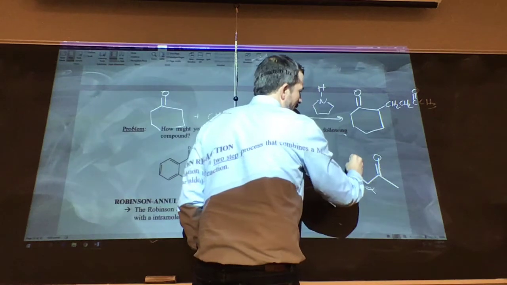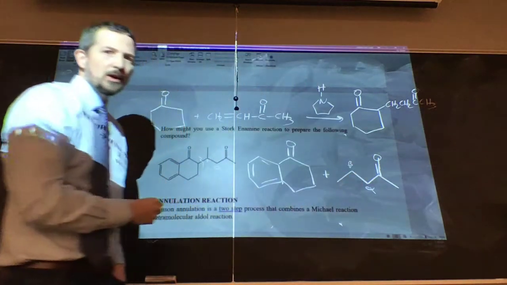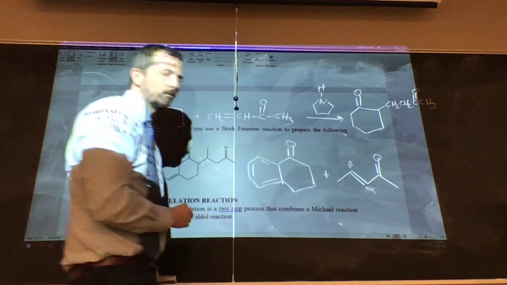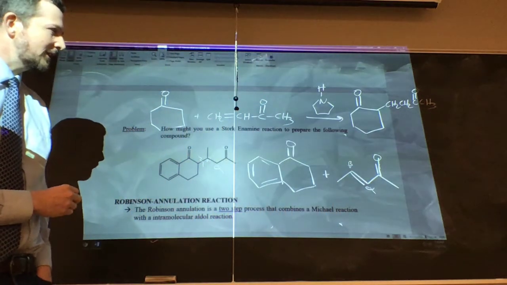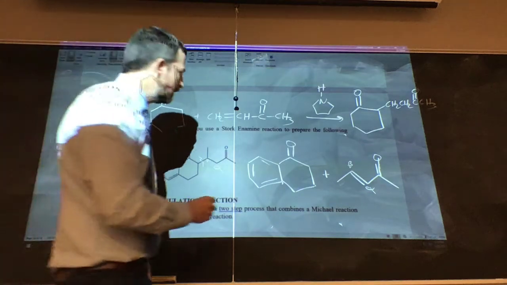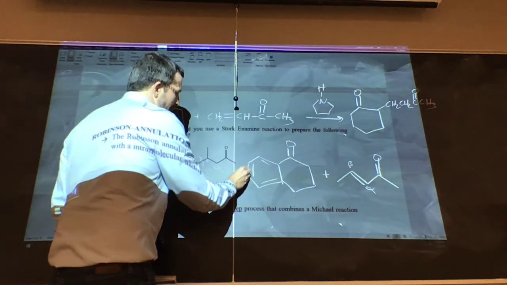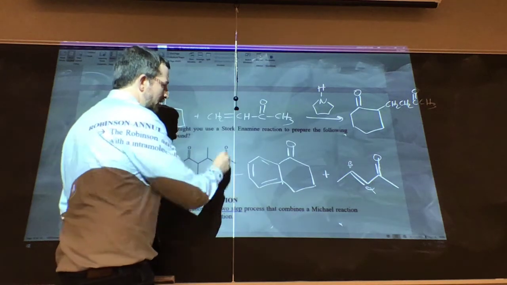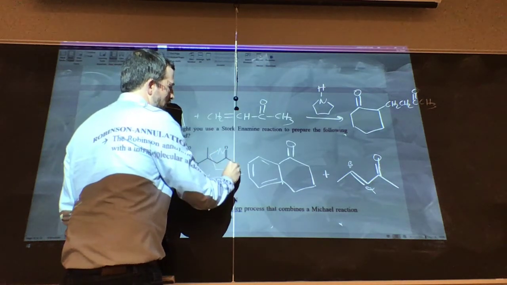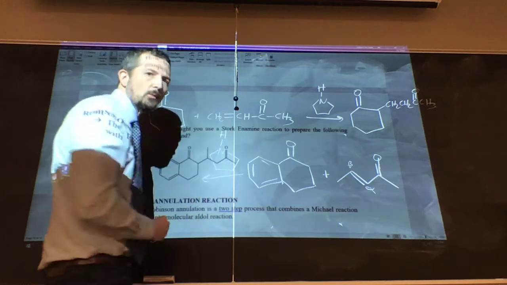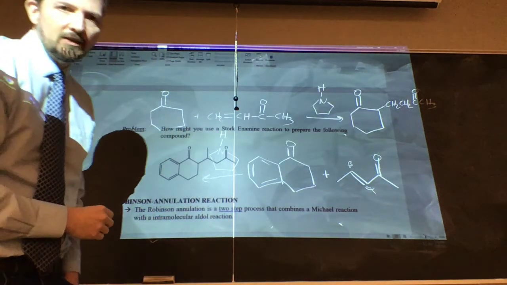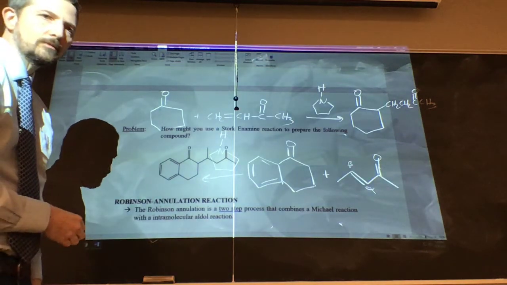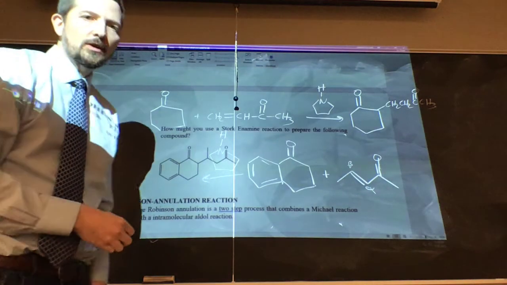So my double bond goes between the alpha and beta positions. That would be the two reagents I would need, and then I would have the pyrrolidine as my catalyst to show that it is a true Michael reaction. So let's go ahead and look at some problems in your textbook.